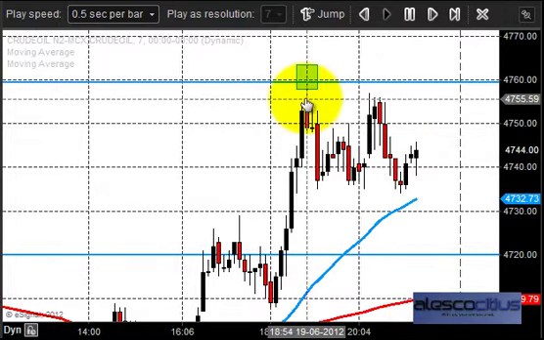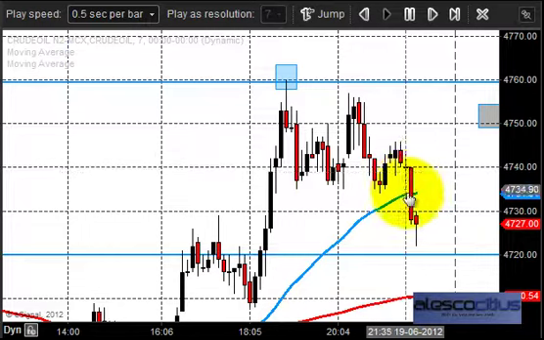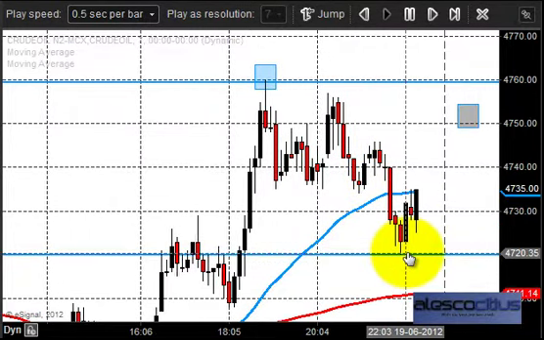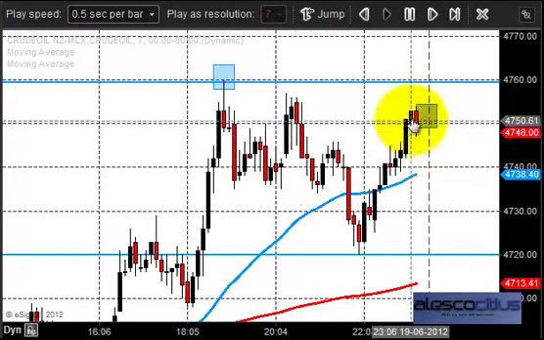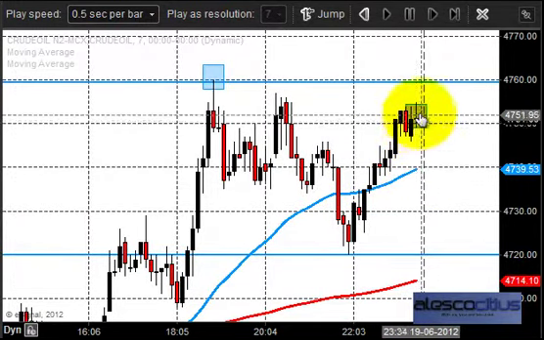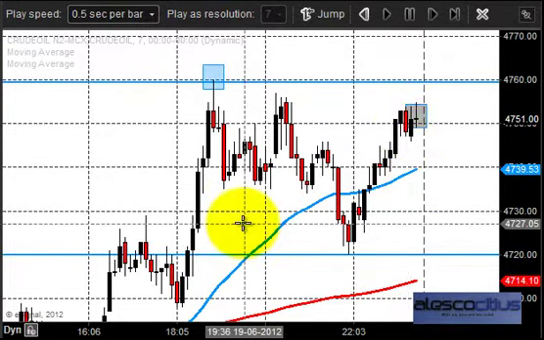The market struggled to break this 4760, and again there was a drop and it took some support around 4720, and the market finally closed around 4750. So this was the price action we witnessed in the crude market yesterday.